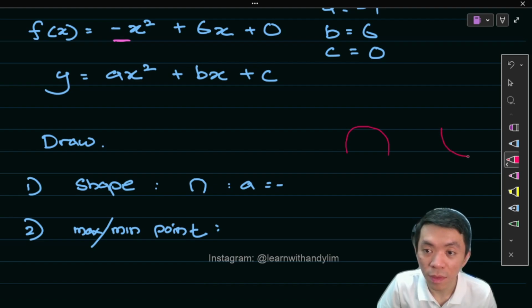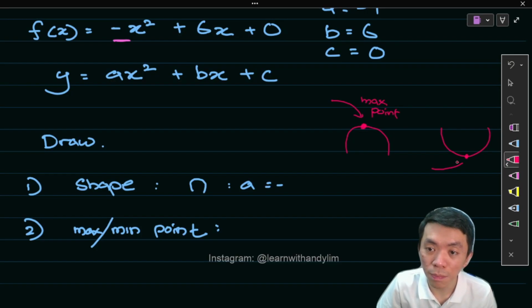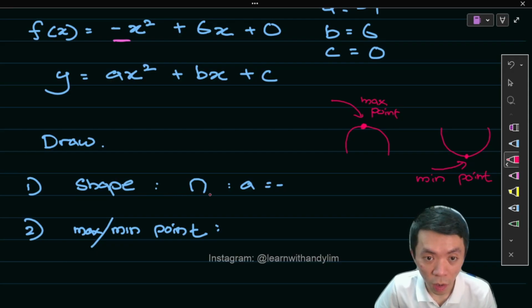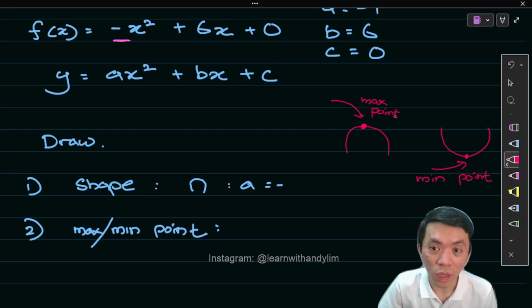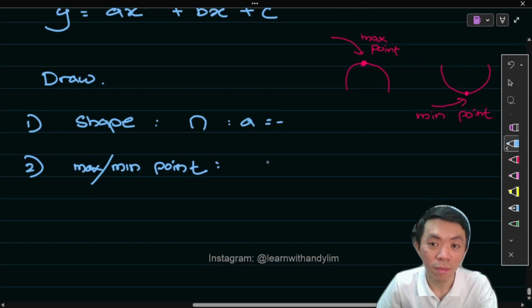And on another occasion, I might have this smiley concave up graph. Right here, this is what we call my maximum point. And for this one, this is called a minimum point. In our case, since we are concave down or a sad face, we will have a maximum point. I'm just going to proceed with my maximum point.